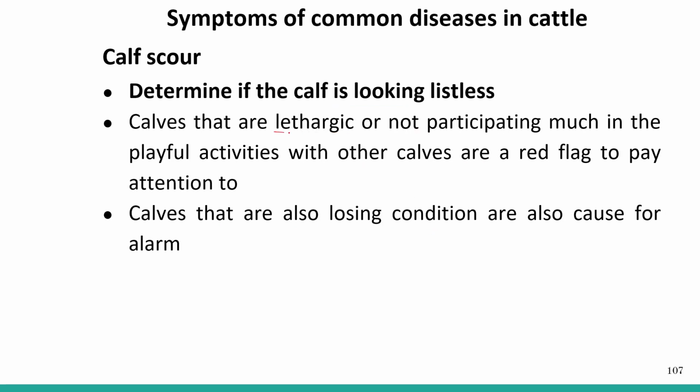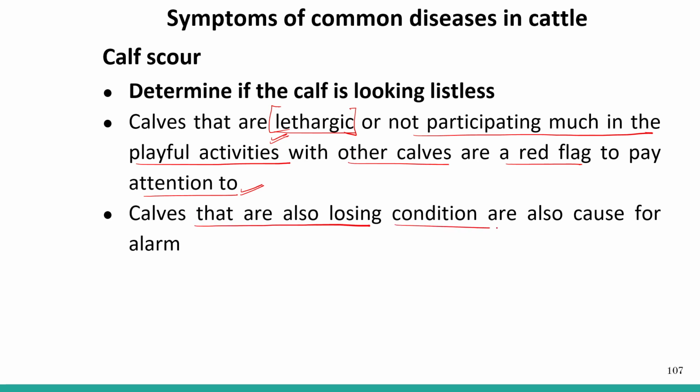Calves that are lethargic or not participating much in playful activities with other calves are a red flag to pay attention to. So once the calf becomes lethargic and is not playing, it shows that they are severely affected with this disease. Calves that are also losing condition are also cause for alarm.